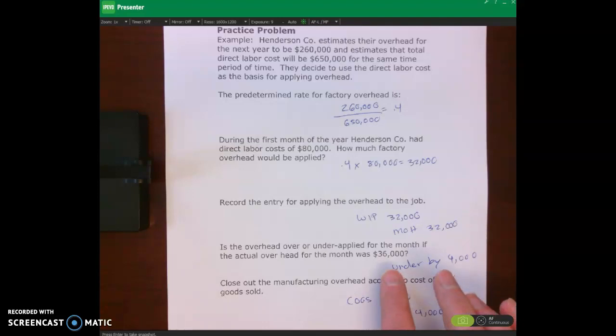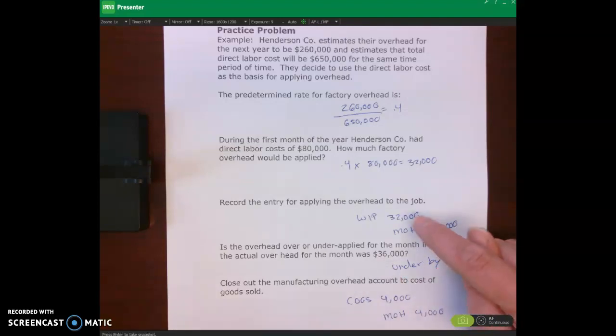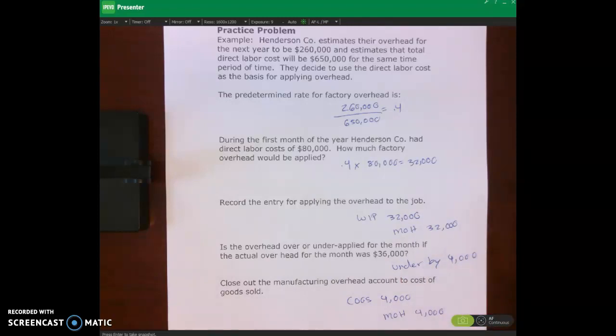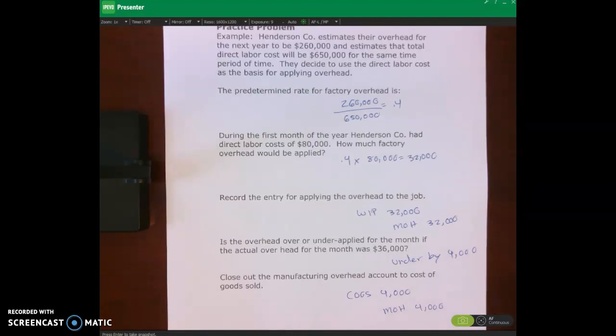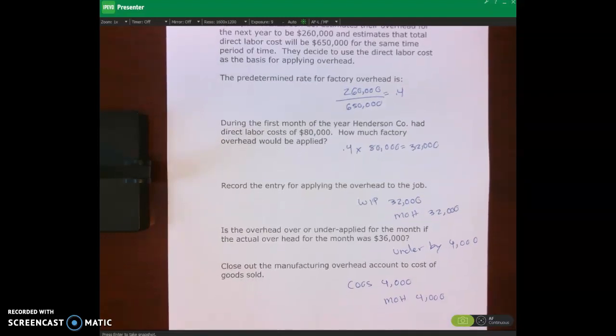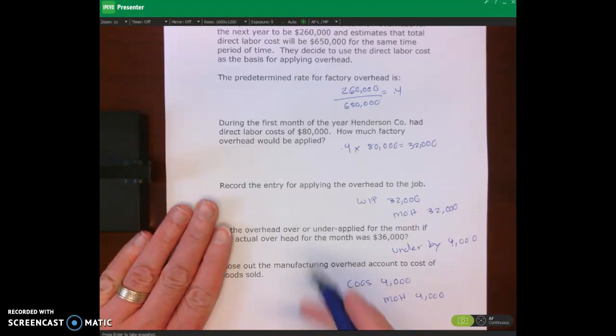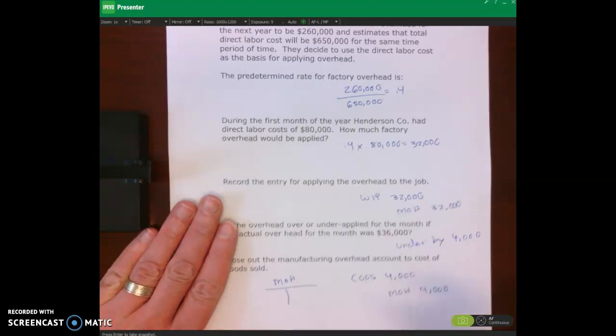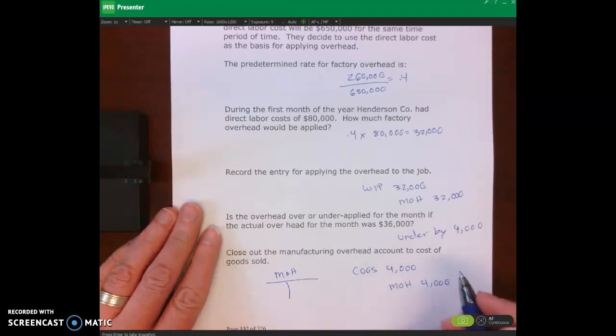If actual overhead is $36,000 and applied is $32,000, it's underapplied because actual is more than applied, or applied is less than actual by $4,000, and then we close it out to cost of goods sold. Debit cost of goods sold, credit manufacturing overhead. The reason is, remember we have our T account here for manufacturing overhead.